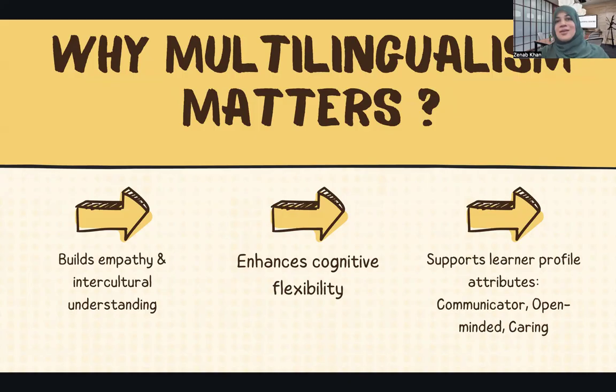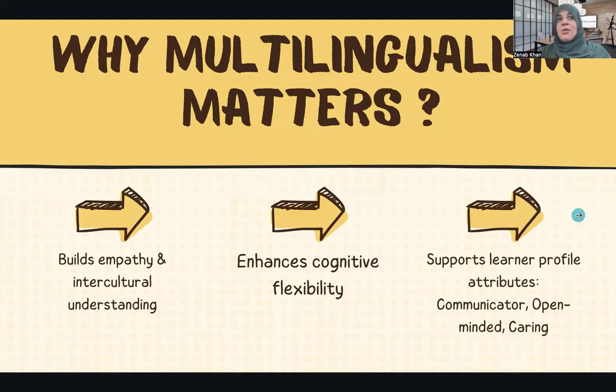It's basic. Let's recapitulate. Multilingualism is not a barrier, it's a strength. Research shows that multilingual learners have enhanced problem solving and cognitive flexibility. In the IB, multilingualism directly connects to learner profiles: being open minded, caring, and effective communicators.